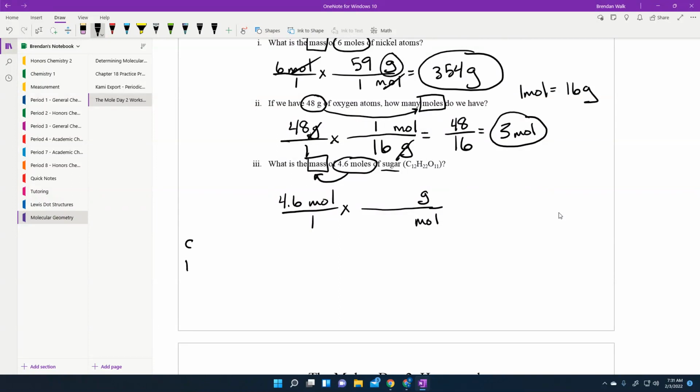Same deal. I'm going to list my elements. The numbers are 12 and 22 and 11. We multiply those by their mass. Carbon from the table is 12. Hydrogen's 1, oxygen's 16.